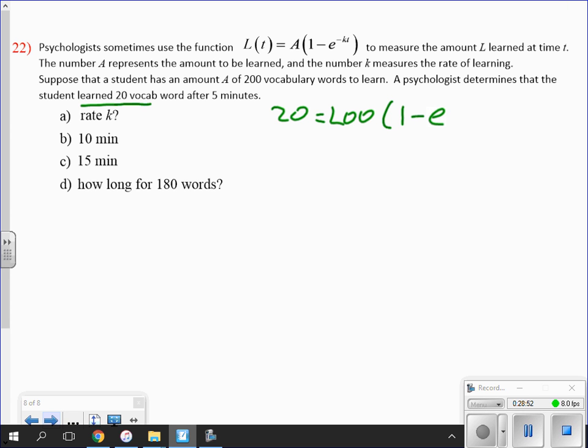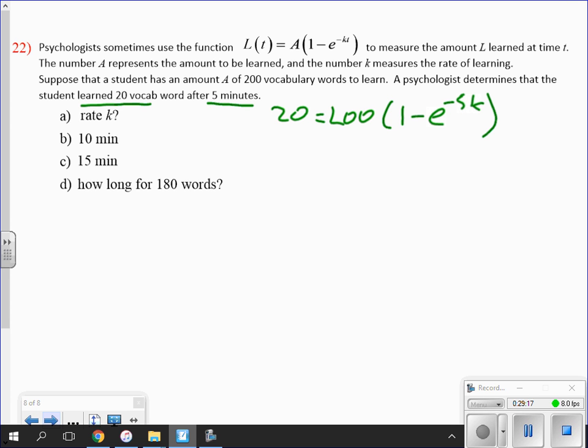But we know what t is: 5 minutes. So this would be negative 5k, because we replace t with 5, and we move the number up front because we want our numbers in front of our variables. That's for part A: figure out the rate of learning for that particular student. Solve for K. It's not that hard.